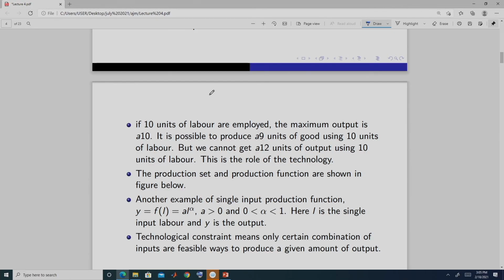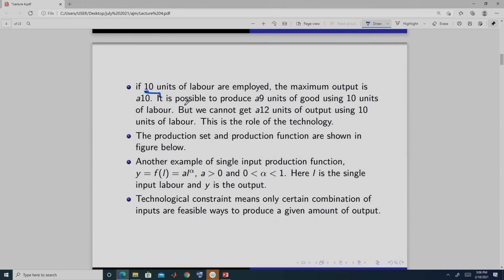It is something like this: suppose we employ 10 units of labor. Then, using the above production function, our output is going to be A times 10.